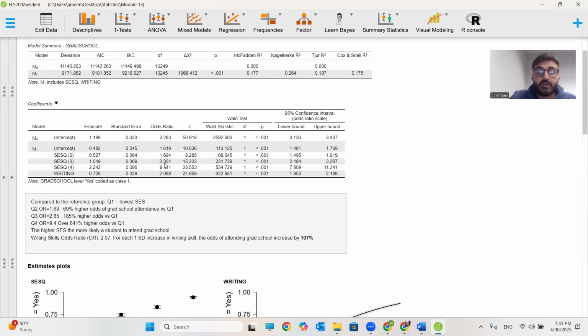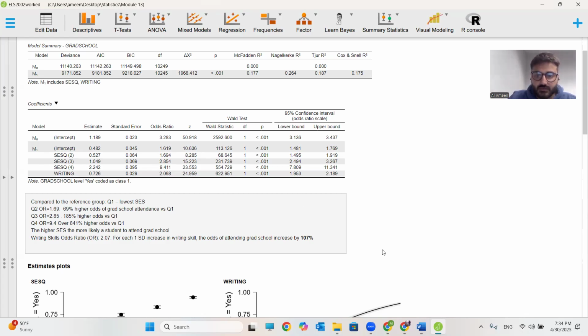So basically, you're 185% more likely to attend a grad school compared to someone within the first quartile. Then this number really shoots up to 9.4. And this means that you're 840% more likely to attend grad school than someone in the first quartile.